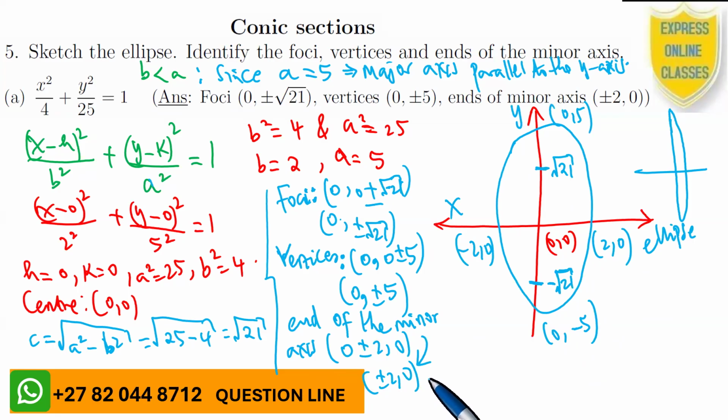Like that. But you see, the way we state the foci, we must have some coordinates. So which means that it's going to be 0, the square root of 21, and then 0 minus the square root of 21.